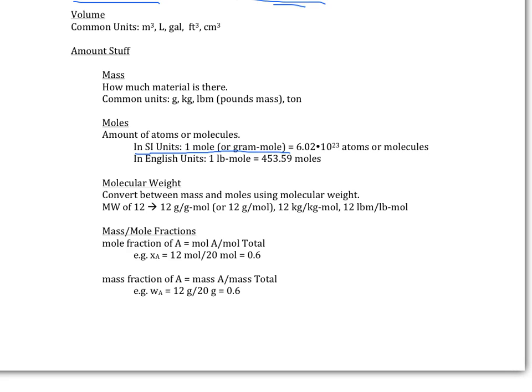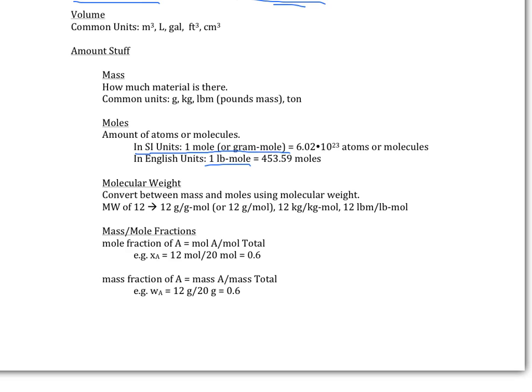There's an alternative type of mole, known as the pound mole, and a pound mole is equal to 453.59 moles, or 453.59 gram moles. So if I wanted to know how many atoms or molecules were in a pound mole, I'd take 453.59 and multiply it by 6.02 times 10 to the 23rd atoms or molecules.